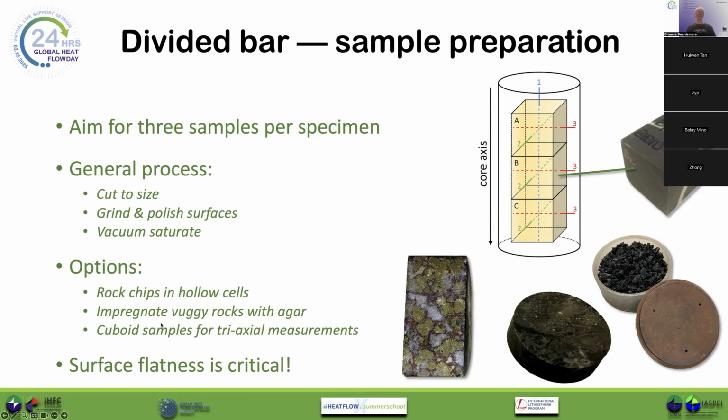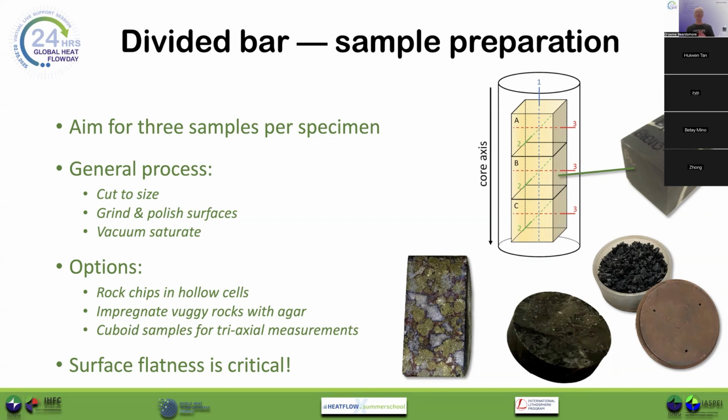It's rather critical. The one critical component for preparing samples for divided bar is the surface flatness. The surfaces that make contact with the flat plates of the divided bar, the sample surfaces must be flat. Polishing is not so critical, but flatness is.